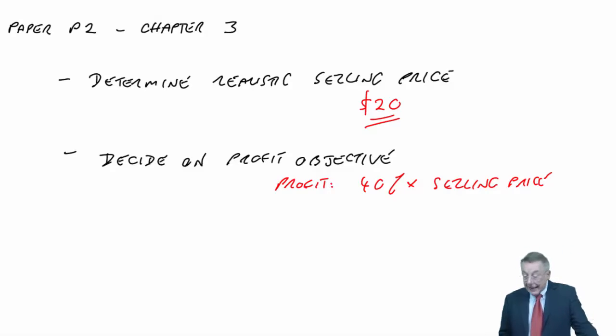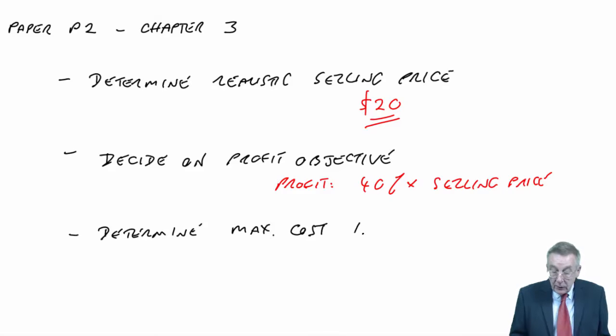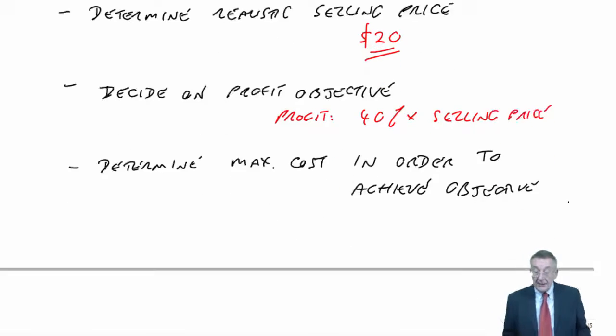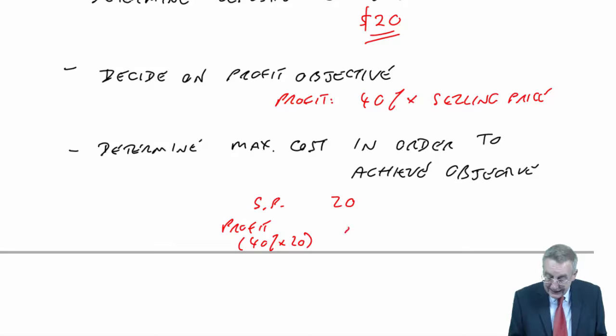And what we do is put the two together and determine the maximum cost in order to achieve the objective. I'm sure you could virtually do it in your head, but still, in this particular case, if the selling price is 20, we want our profit to be 40% of selling price.